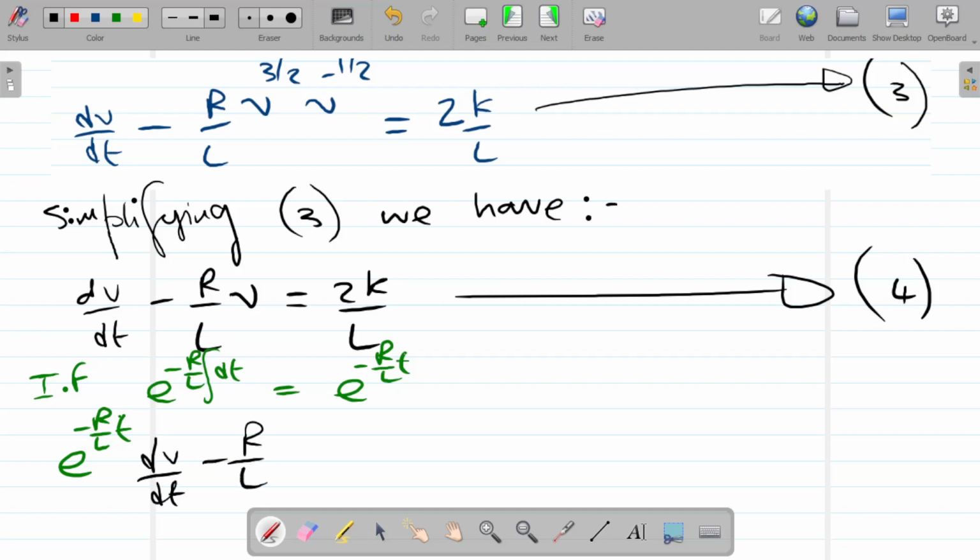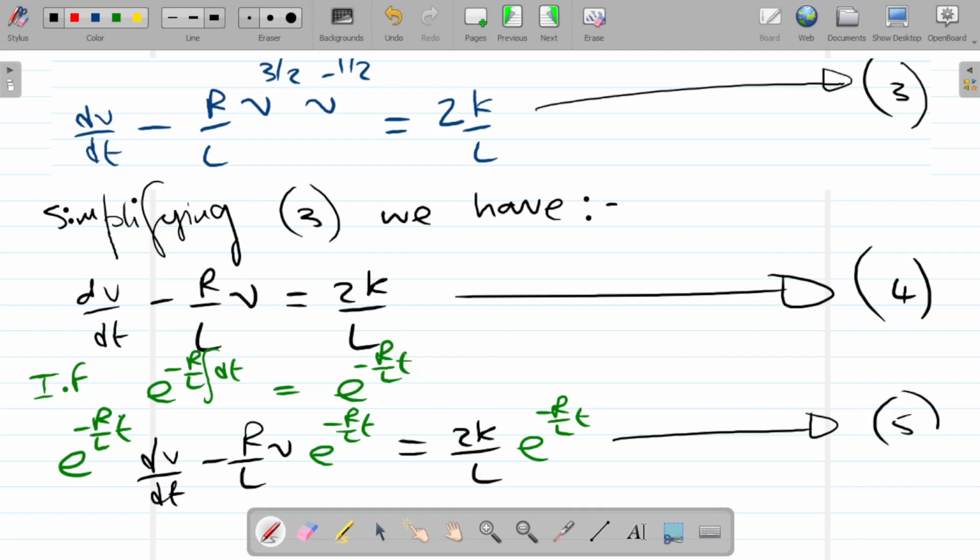Minus r over L v, and then we'll just write the e to the minus r over L t there, and then that's equal to 2k over L times e to the minus r over L t, and we'll call that equation 5.